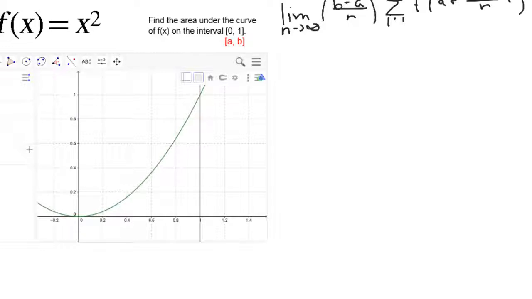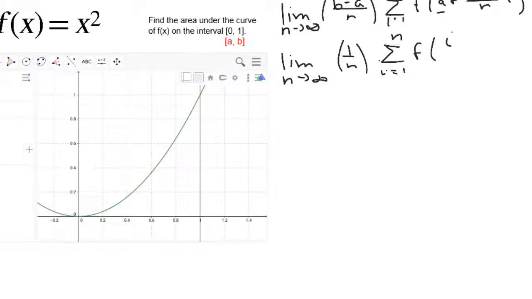So I know b is 1 and a is 0, so the limit as n approaches infinity of 1 over n, since 1 minus 0 is 1, times the sum from i equals 1 to n of f of, again, a is 0 and b minus a is 1 minus 0, or 1, so this just simplifies to i over n.